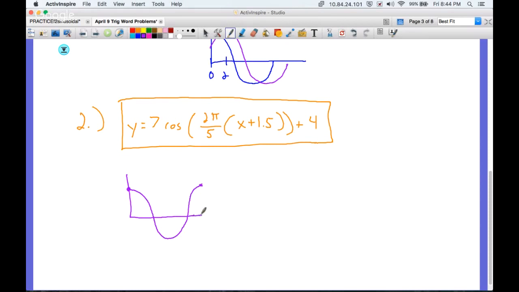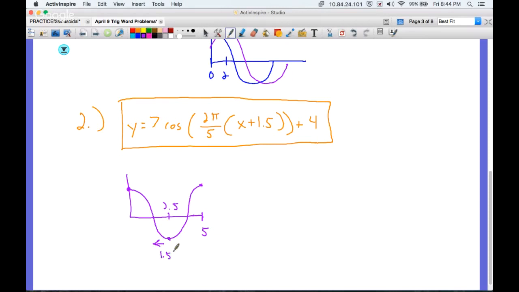It told us to make the period equal to 5. So if the whole period is 5, the low point has to be happening at 2.5. That's why we shifted left 1.5 to put the low point at the right location.